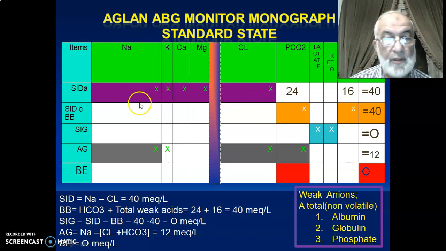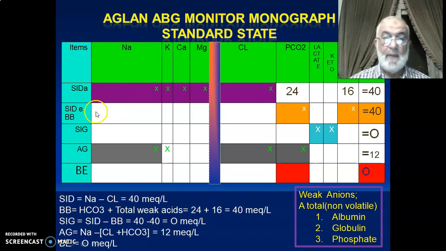The positive charge, these are the cations: sodium, potassium, calcium, magnesium, equals the negative charge, the anions: chloride, bicarbonate. These are the fixed acids, lactate, keto acids, total weak acids, and all these anions equal cations. These are the different monitors we use.